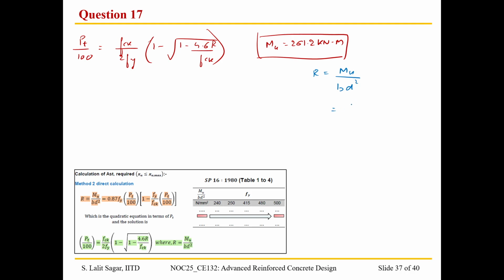That is 261.2 into 10 to the power 6 divided by 300 into 550 square. So R is equal to 2.878.